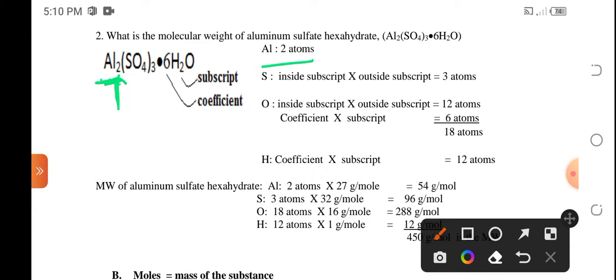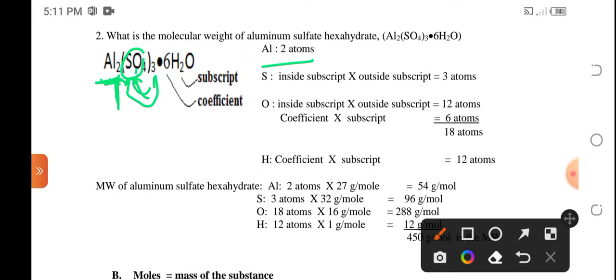The sulfate will have 3, but sulfate is composed of sulfur and oxygen, so the 3 subscript should be multiplied to the subscript of oxygen as well as to that of sulfur. Or in short, the outside subscript should be multiplied to all the elements' subscripts inside the parentheses.